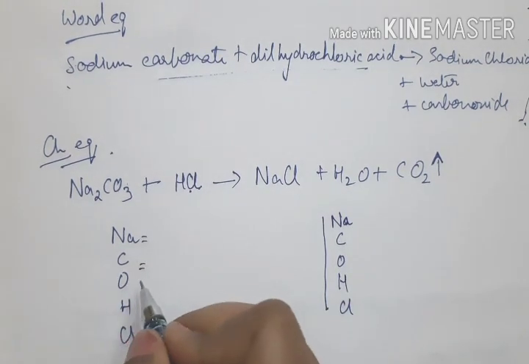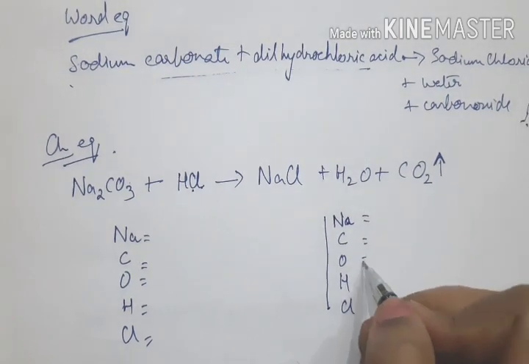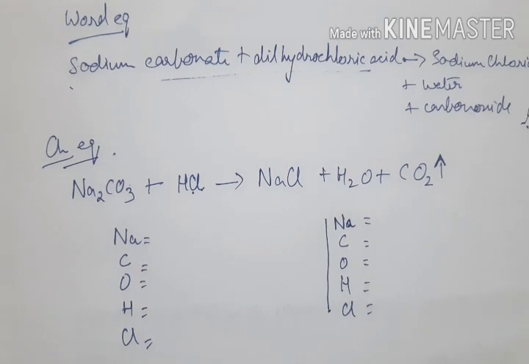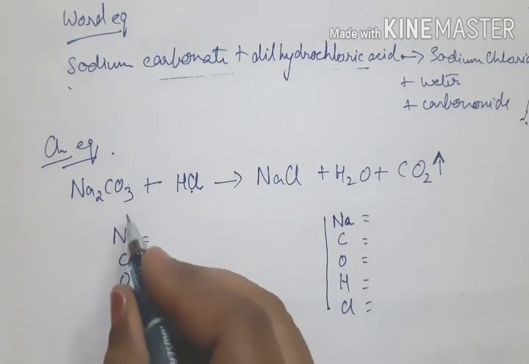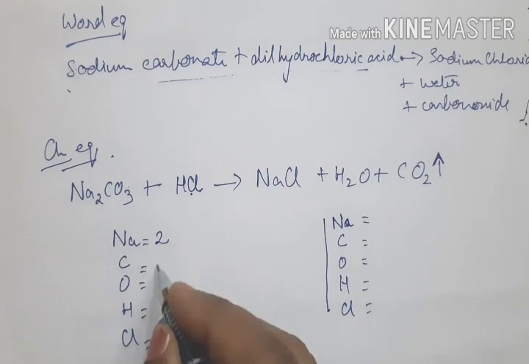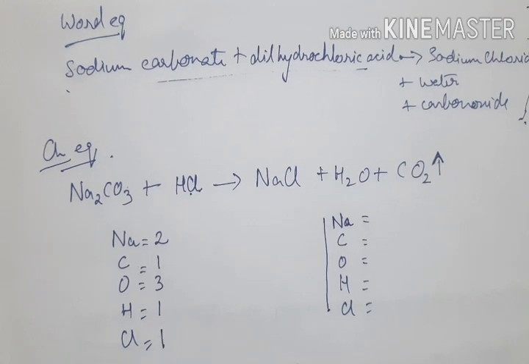The law of conservation of mass says that mass can neither be created nor destroyed in a chemical reaction. So now note down the number of atoms on either side. Sodium is 2, carbon is 1, oxygen is 3, hydrogen is 1, chlorine is 1 on the left hand side.